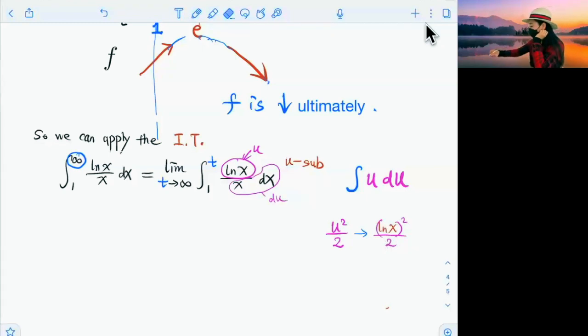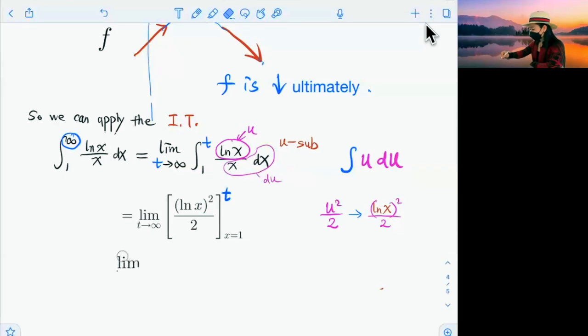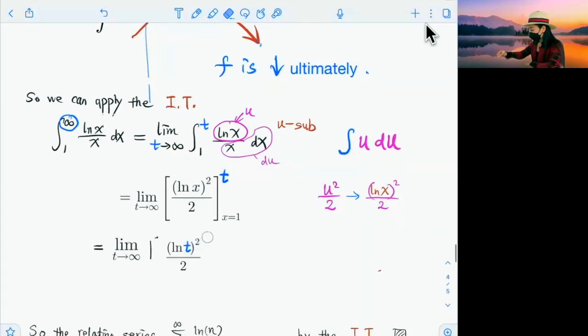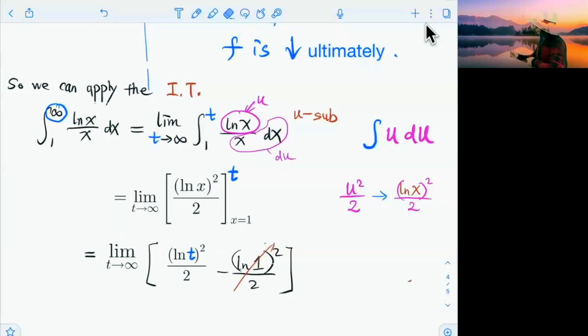In your mind, you can do all this, right? Think about this as u, and then you just replace u by ln of x. Now we're going to substitute the x here by t, and then substitute by 1, and then we're going to let t go to infinity.